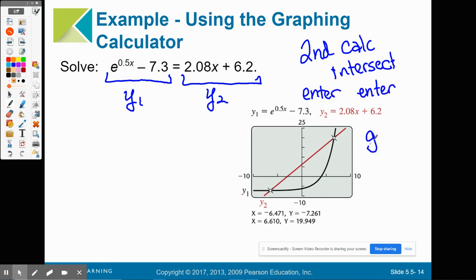It'll ask you for a guess. Because there are 2 answers, you'll have to move your cursor closer to the one you want. You'll have to do this process twice, and you're looking for the x values. In this particular example, they're giving you 2 values that you will find. Both answers should work.